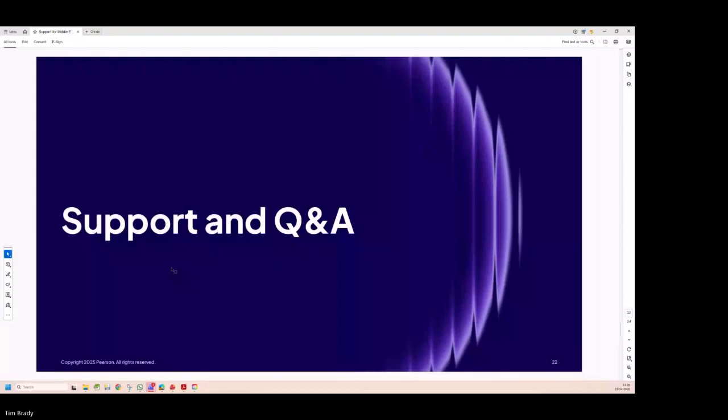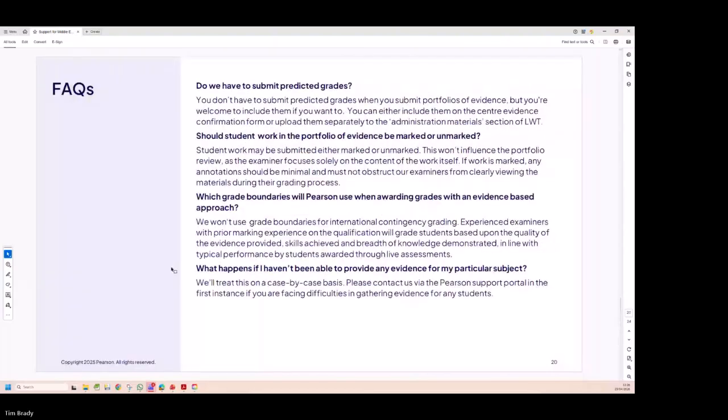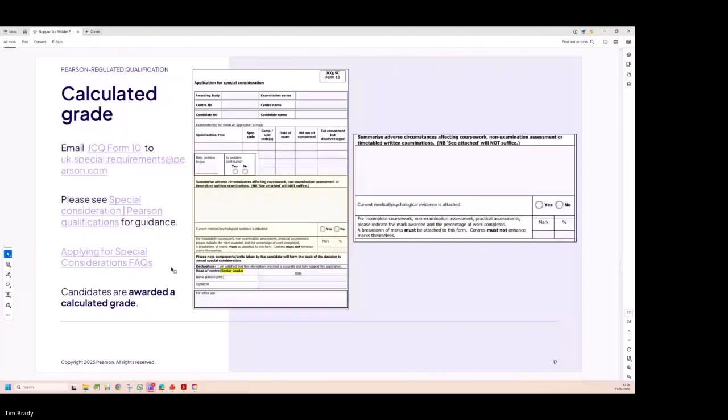Follow-up question on that. Do you need the Python file and the exam question? I assume that's related to paper 2 on GCSE Computer Science. Is there anything you want to add on that, Tim? Yeah, it could be GCSE Computer Science, or it could be the IG Computer Science, so either of them.